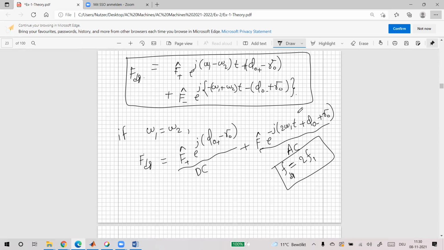I have a question. For the FDQ, for the DQ frame, I'll derive now the one in the rectangle.